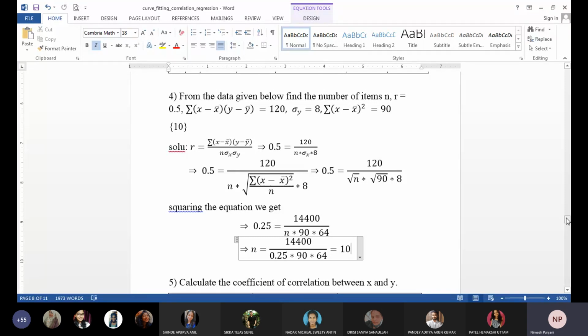So we can't solve the equation directly. So what we do is we use the formula of sigma x, which is given by square root of summation x minus x bar the whole square divided by n. This is also in the screenshot you took above, the formula for sigma x, right? Then we are getting terms in which we have n: one n, and one n inside the square root. So if we simplify this, we get root n, right? That is basically n upon square root of n.